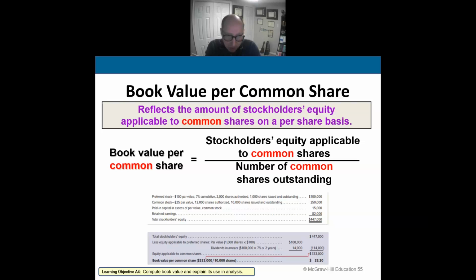Market value is how much the market says it's worth. The stated value is how much the company says it's worth. The book value is what it's actually worth. That's how I view it. Just take stockholders' equity for common shares divided by the number of common shares outstanding.